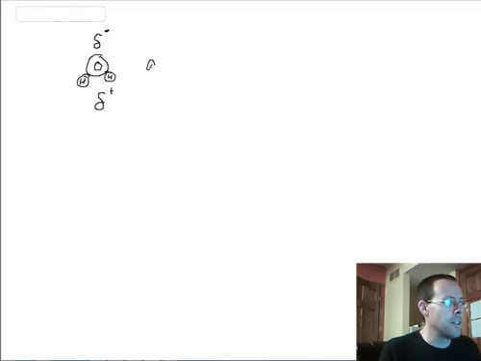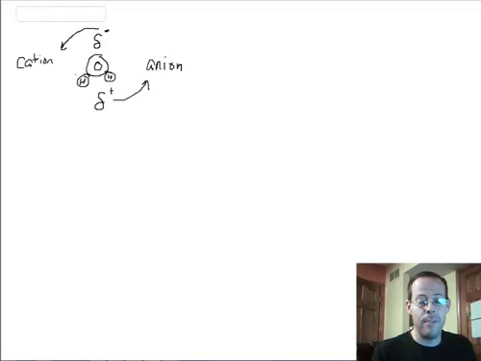If you remember, anions are our negative ions. So again, the hydrogen side is attracted to the anion. And conversely, our oxygen side of our water molecule is attracted to the cation, because cations are positively charged. Because opposites attract, our negative charge is going to be attracted to our positive cation.